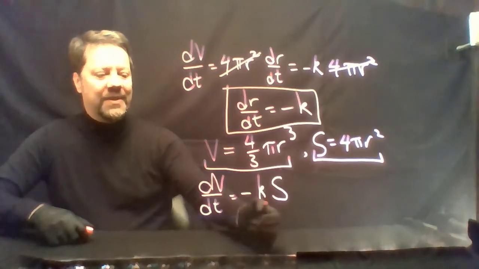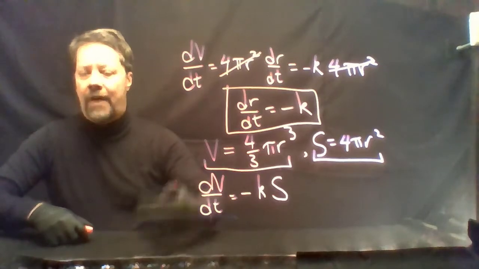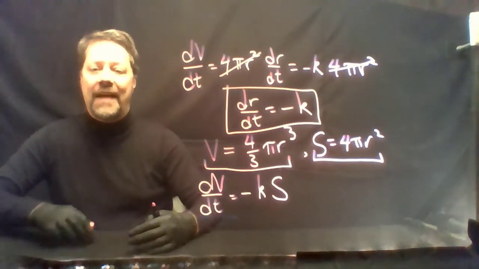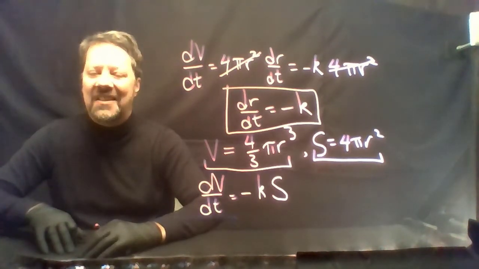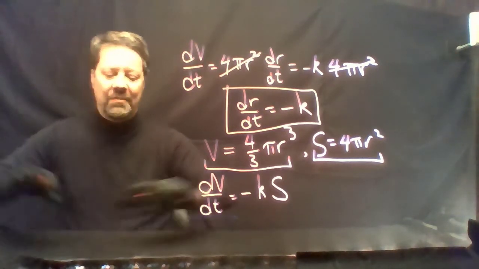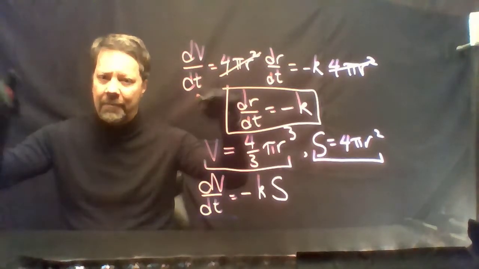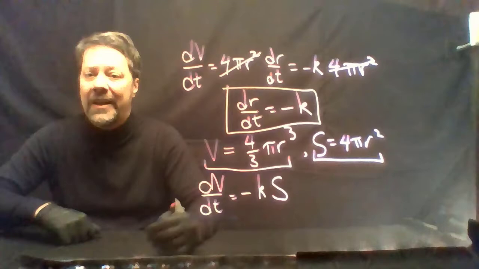Thinking about this principle more generally, if you have a lake with a certain volume, well, how fast that lake evaporates will depend upon how much of that volume is exposed at the surface, how big the surface area is. If it's a broad, shallow lake, there's more surface area from which water can evaporate, and the rate at which you lose volume will be greater.